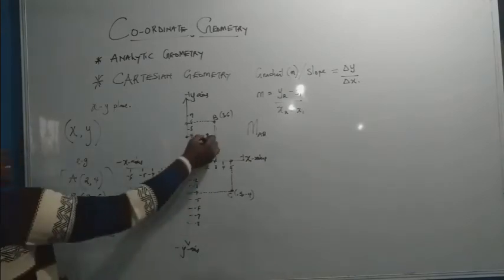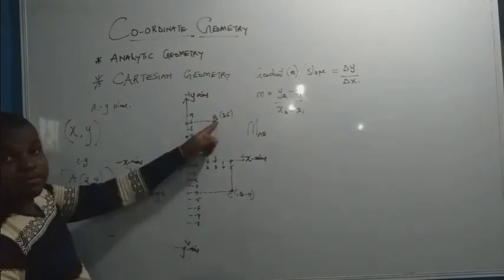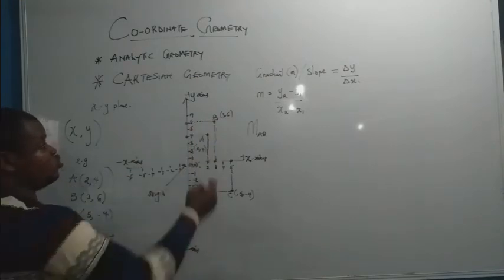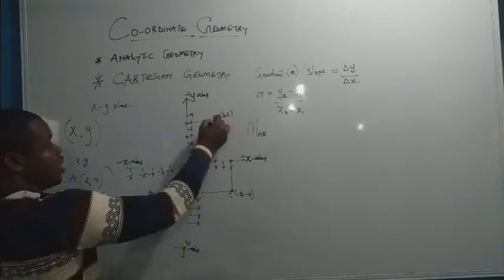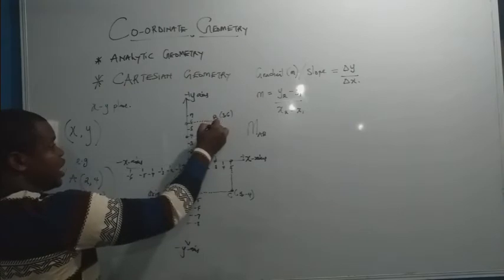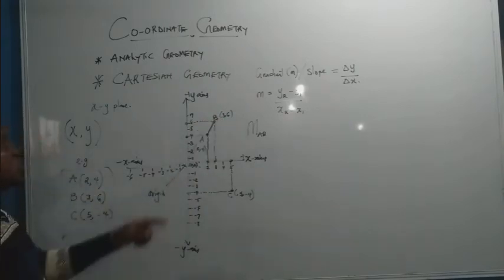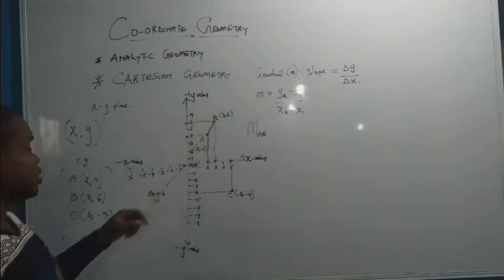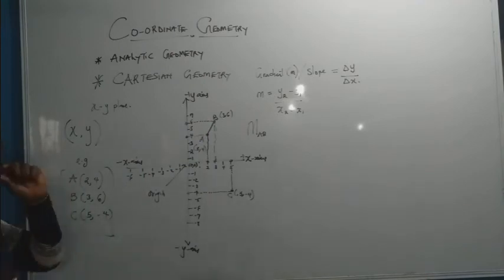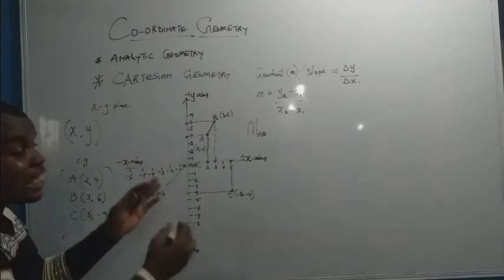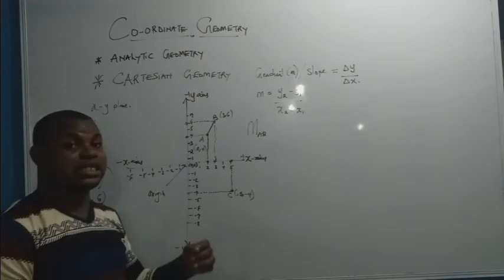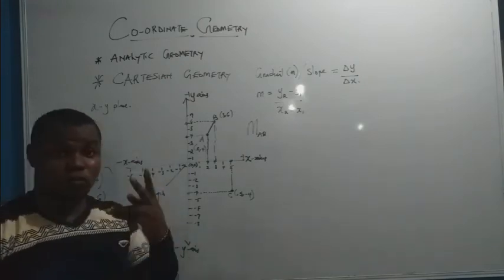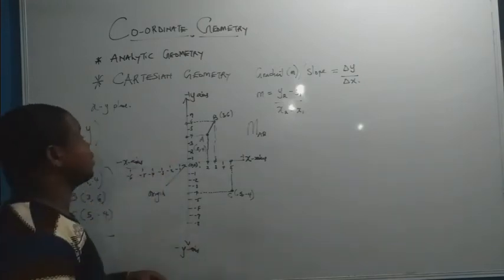So if we have A and we have B, is that clear? You draw a straight line so they meet like this. So this is line AB. So in this aspect, we are learning how to calculate the gradient between 2 points on your Cartesian plane.